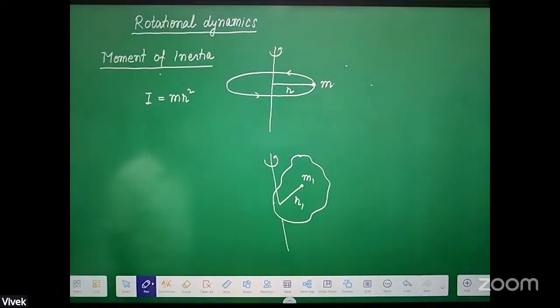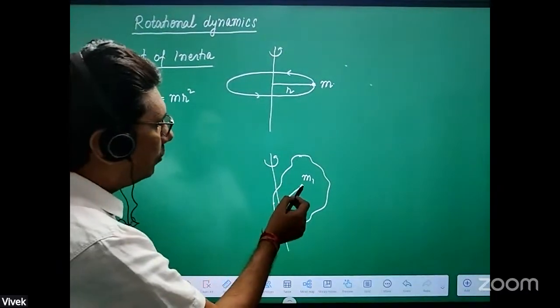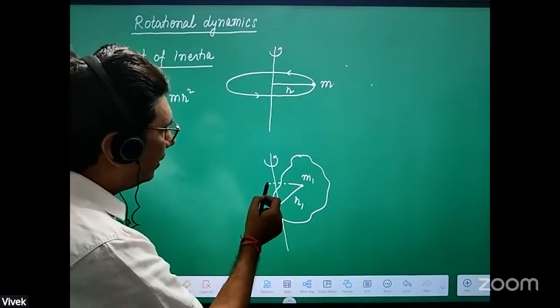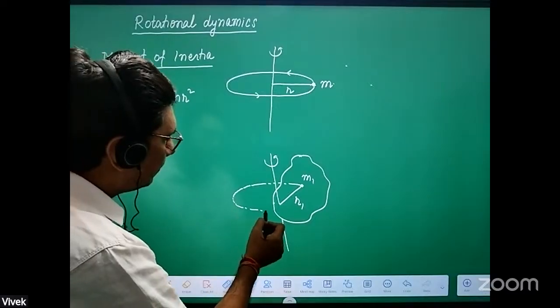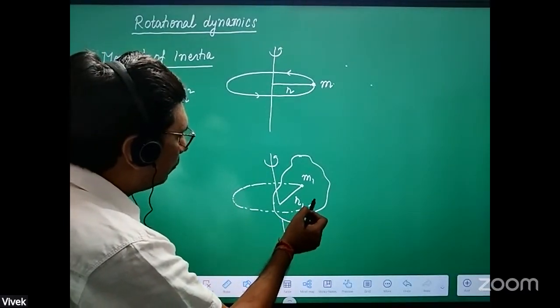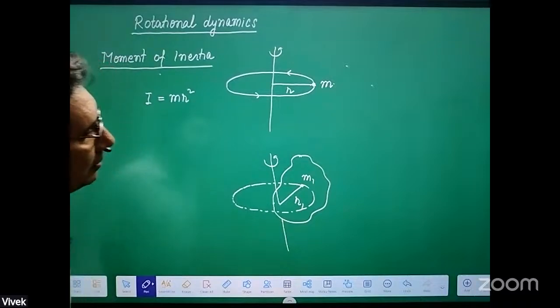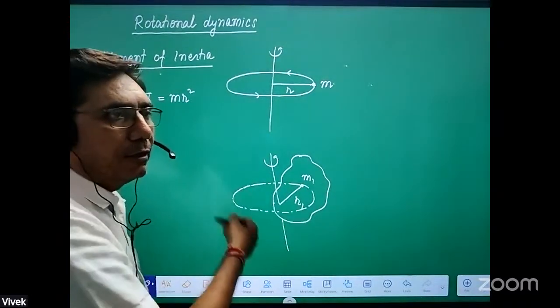This will be r1. Now, when it rotates, this particle is going to rotate like this, and you will observe this type of rotation for this particle.